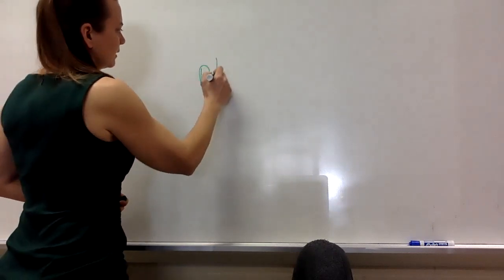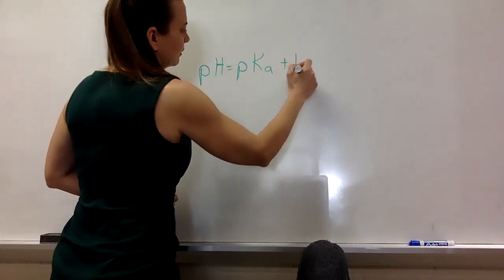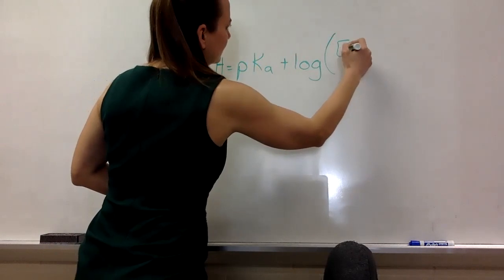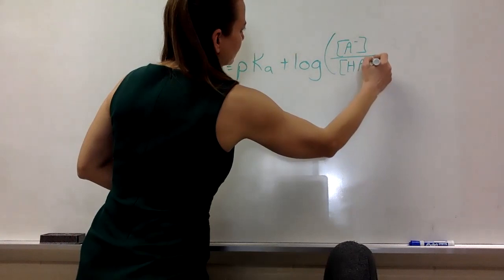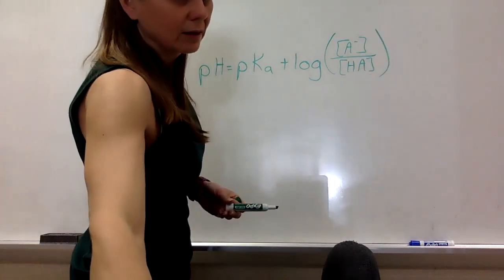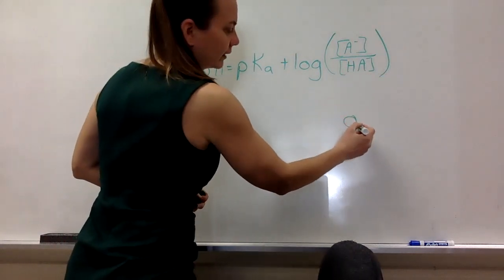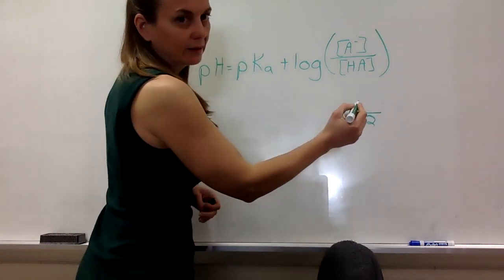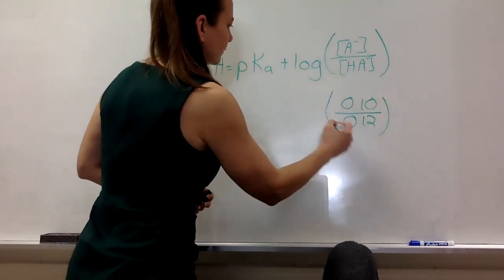So we have pH is equal to pKa plus the log of the base concentration over the acid concentration. And we're given that the concentration of lactic acid is 0.12 molar, and the sodium lactate is 0.10 molar.